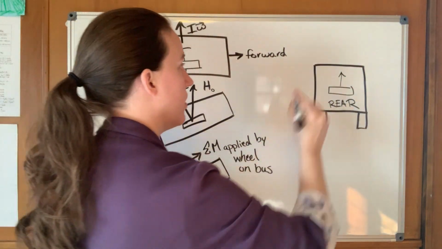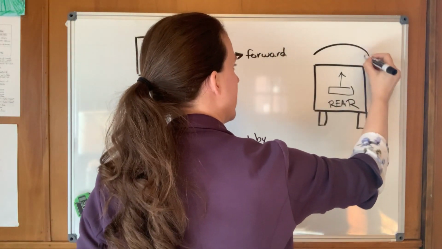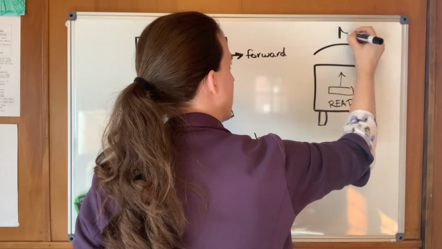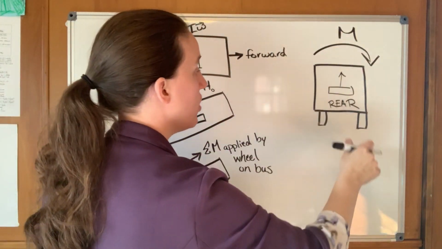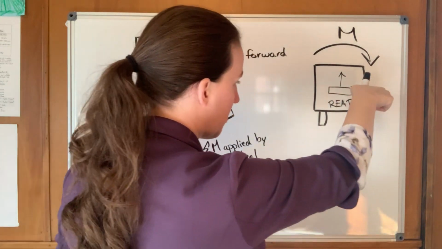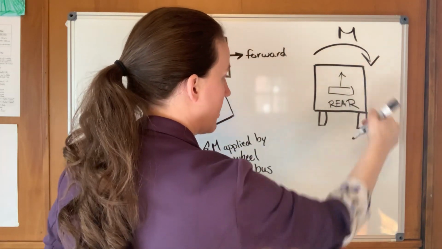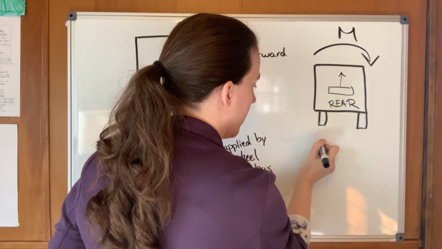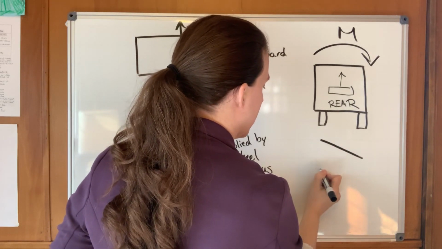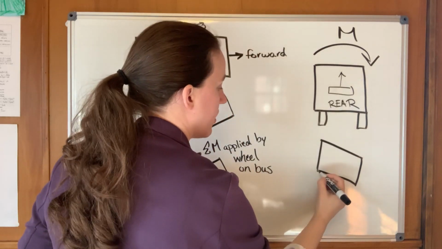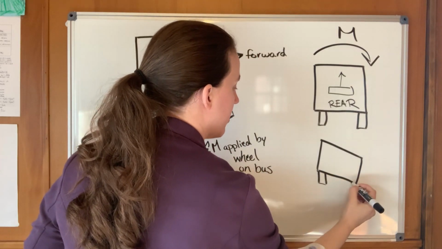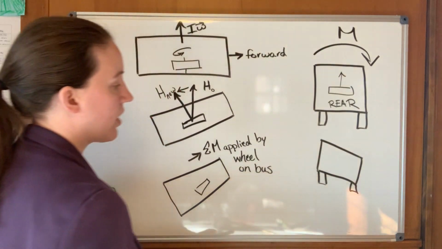So that moment, this moment applied by the wheel on the bus, is going to be in this direction, which means that there's going to be now more force on this tire. So it's going to want to kind of rock the bus. This is exaggerated, but ever so slightly in this direction.